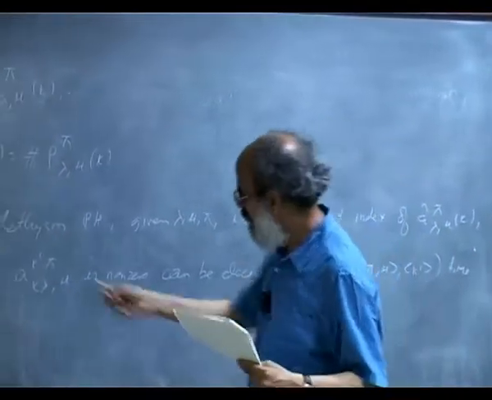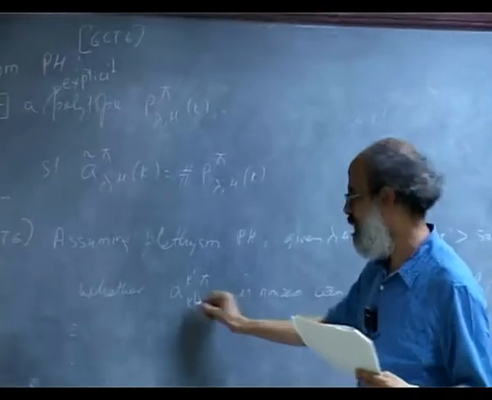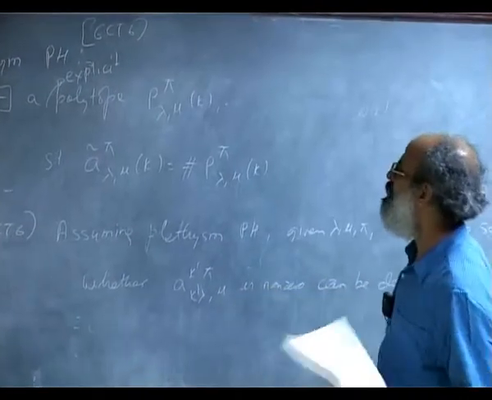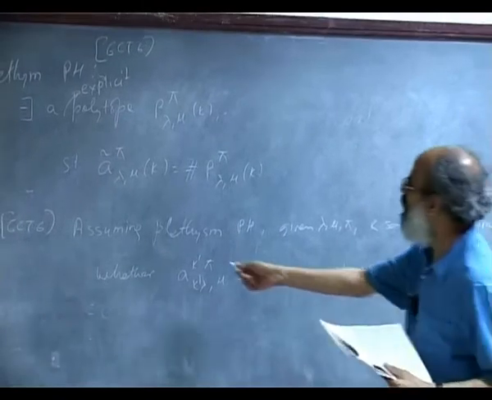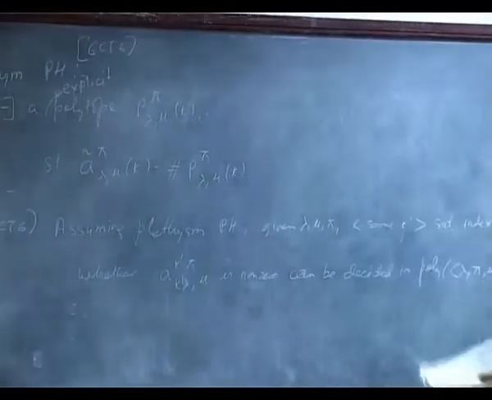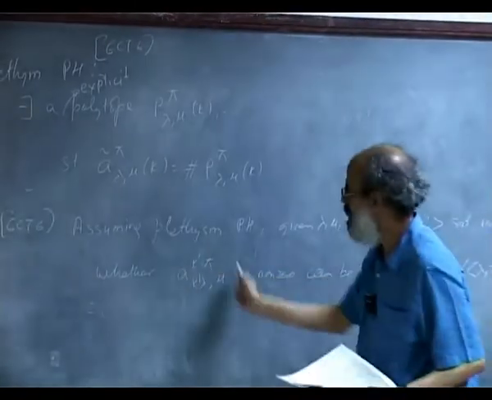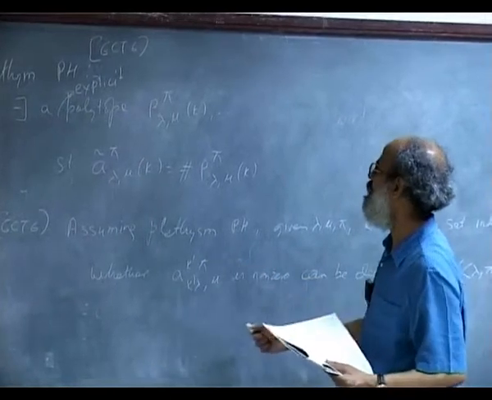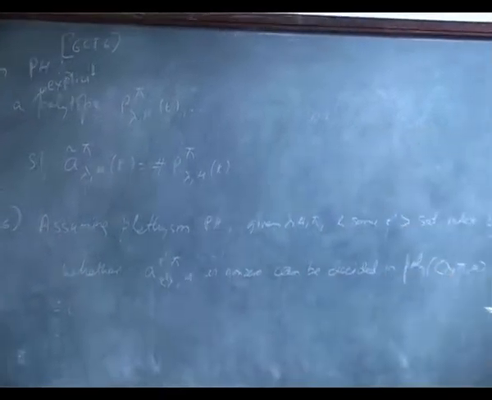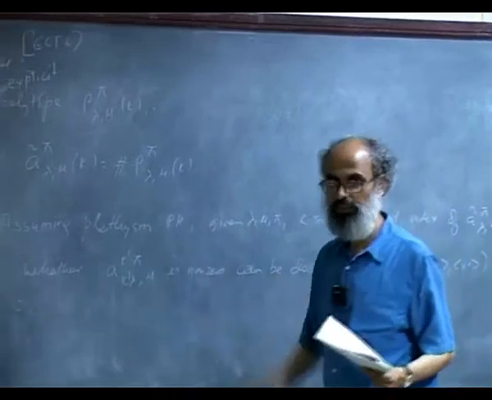Ideally we would have liked k prime equal to 1 here, but that we can't prove. But as long as k prime is larger than the saturation index, whether that Plethysm constant is non-vanishing can be decided in polynomial time, assuming the Plethysm PH.